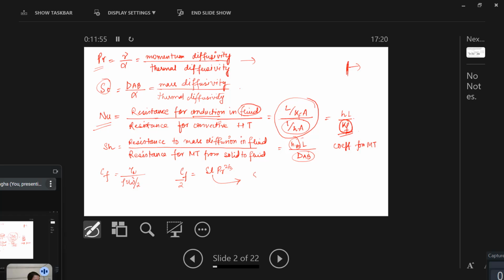This Stanton number is equal to Nu by Re into Pr. So for heat transfer, it is Nu by RePr. For mass transfer, it is Sherwood number by ReSc. So this is the formula.